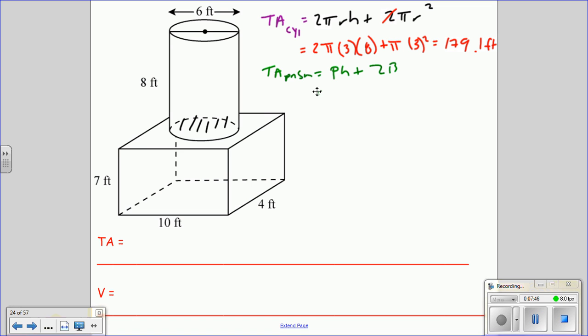So, P stands for the perimeter of the base figure. The base figure is a rectangle. This is your base figure.